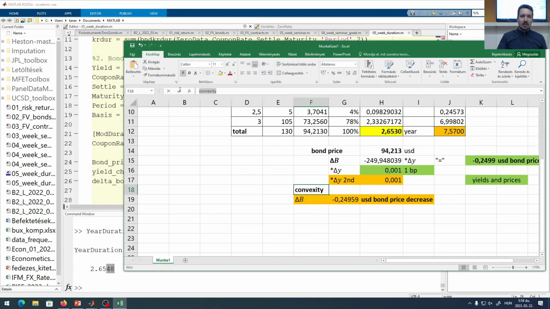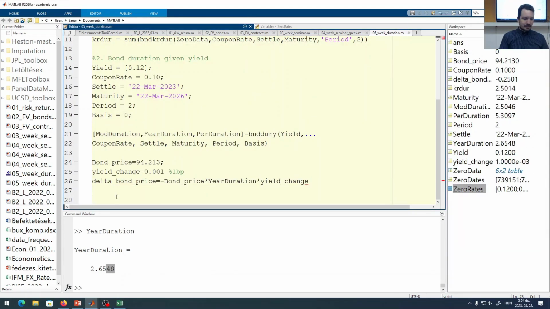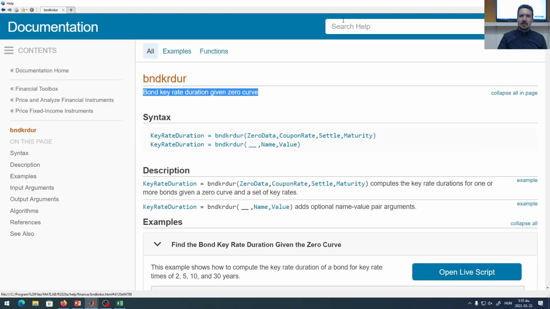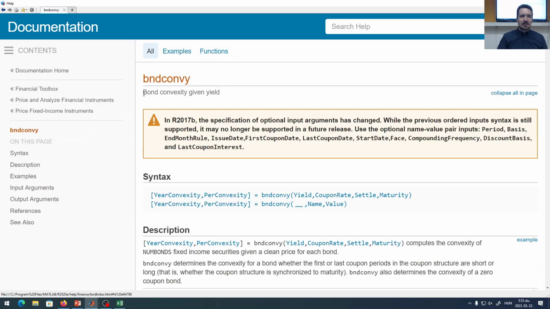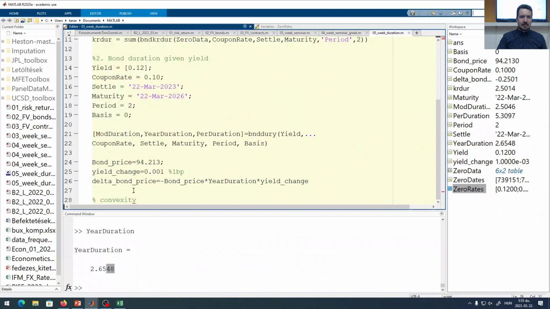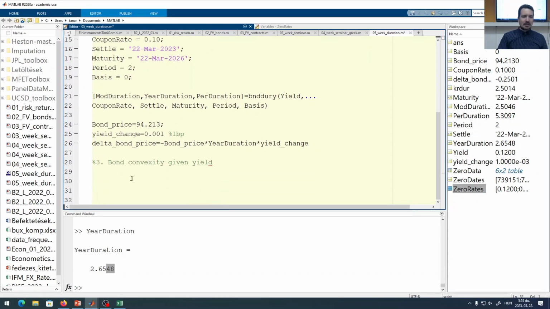Then let's check convexity. So do we have bond convexity at given yield? Okay, we have to use this one. We're creating so many fancy functions.